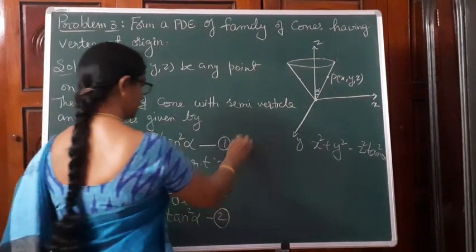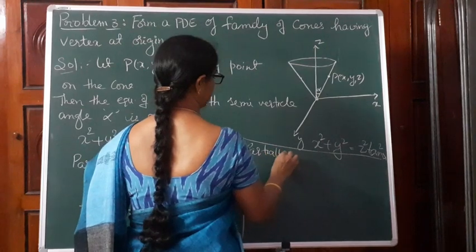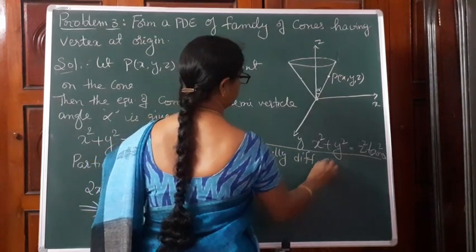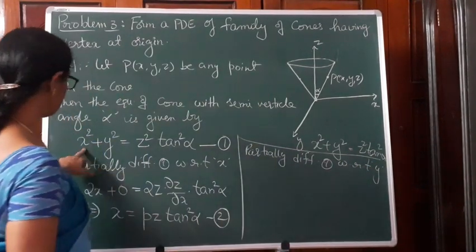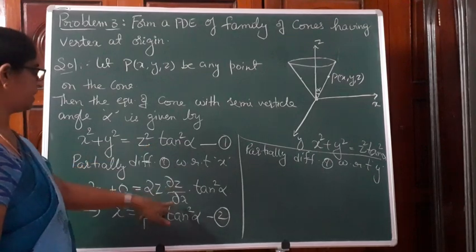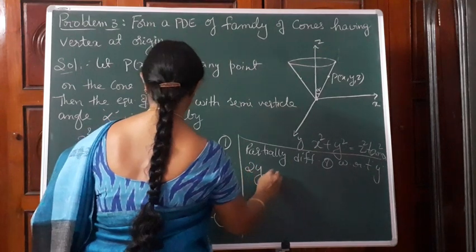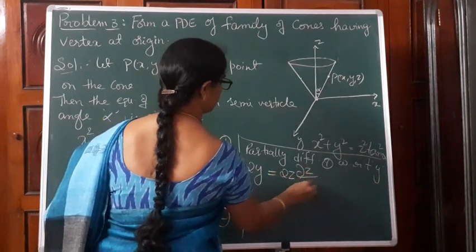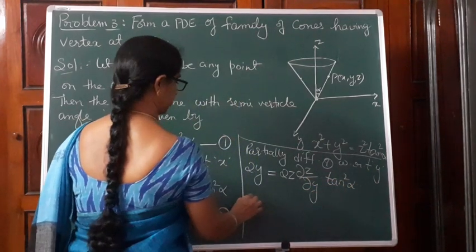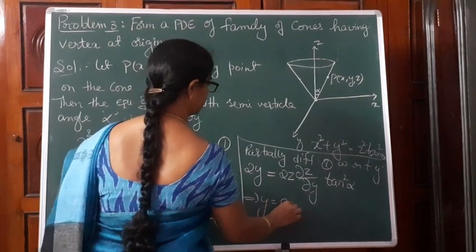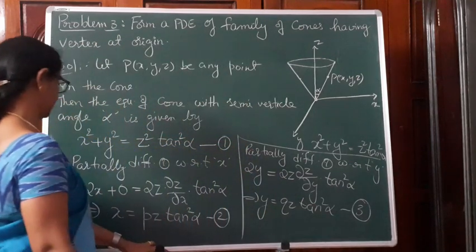Now partially differentiating 1 with respect to y, we get 2y is equal to 2z into dou z by dou y into tan square alpha. That is y is equal to qz into tan square alpha. This is equation 3.